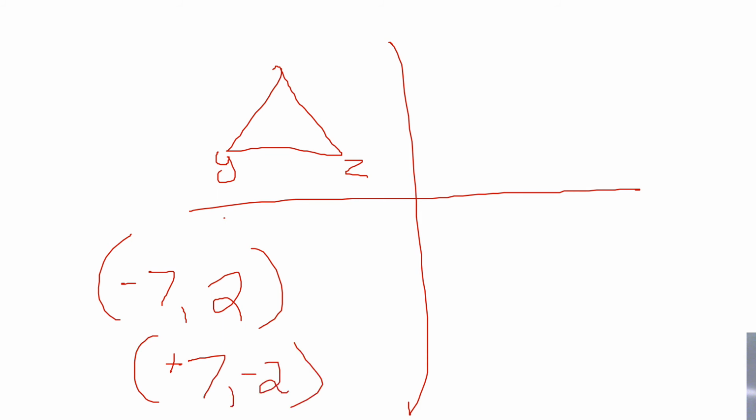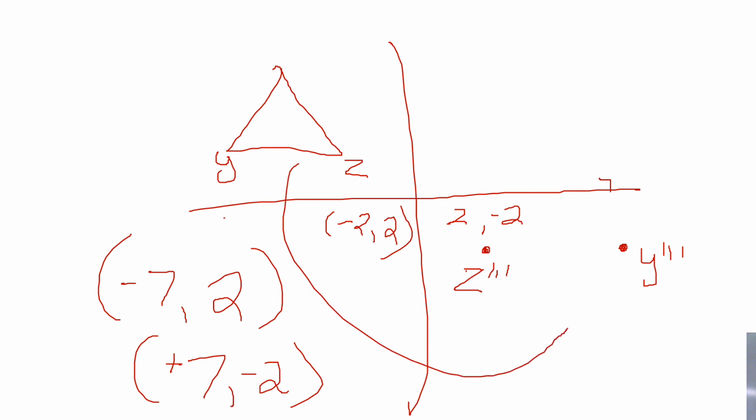If you look at it on your graph, it's going to go over 7 and down 2, to be about right there. 7 over, down 2. That's your Y prime. If Z was at -2, 2, change both the signs. It's going to be at +2, -2. Over 2, down 2, about right there. And that's triple prime. All right. So that will be your answer. That is a 180 when it went that far around.